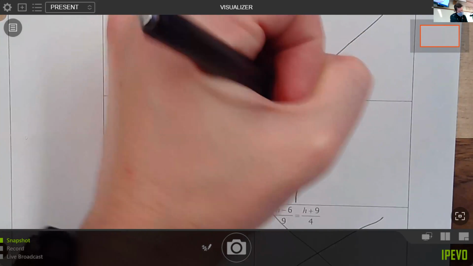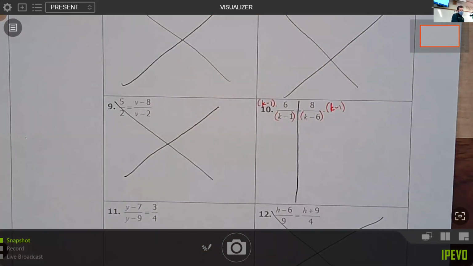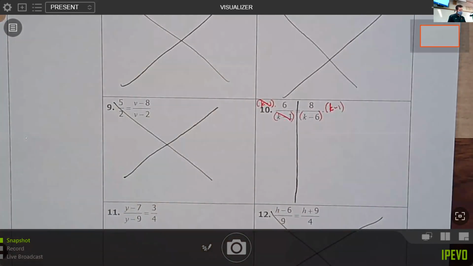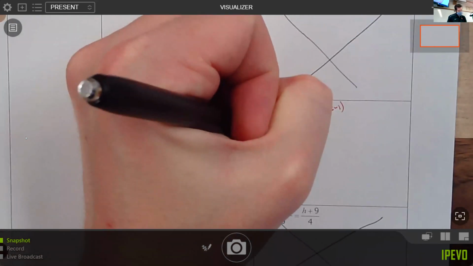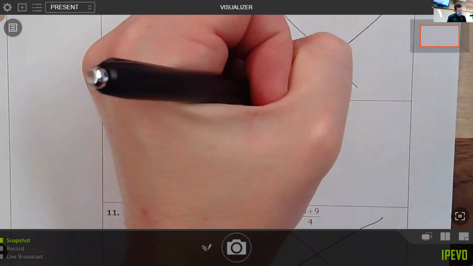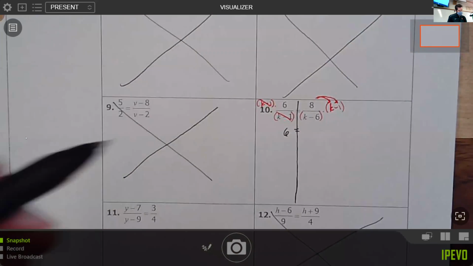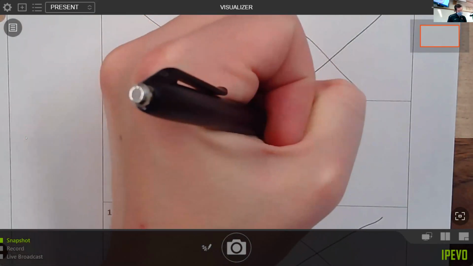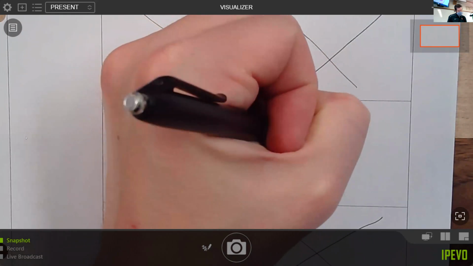I'm going to make sure that I identify all of those as groups. So on the left, k minus 1s cancel out, and I've got 6. And on the right, I need to distribute the 8 to the k and to the minus 1. 8 times k is 8k. 8 times negative 1 is negative 8, all over k minus 6.